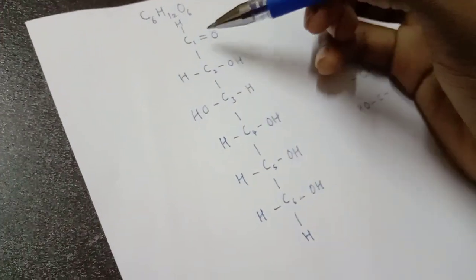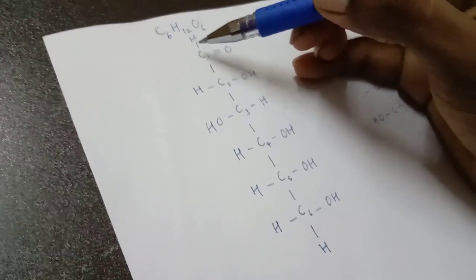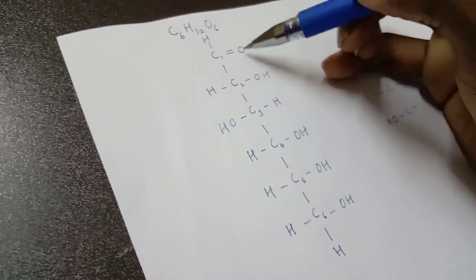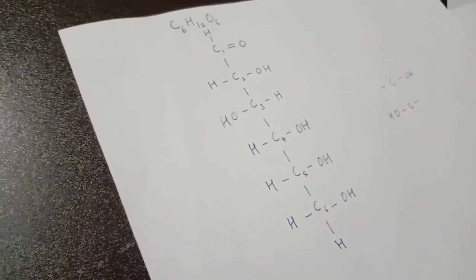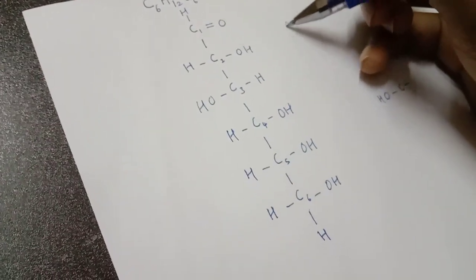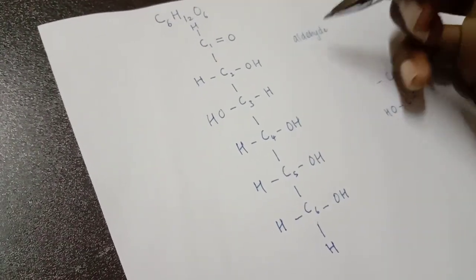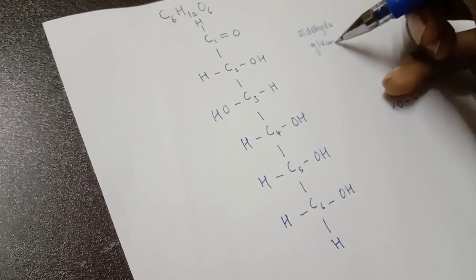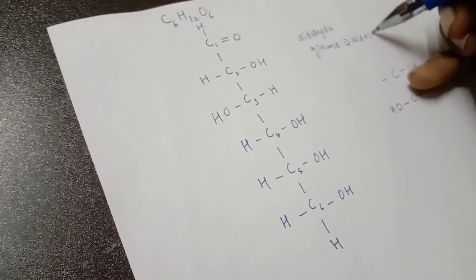First carbon atom, you have CO, the carboxyl group. When you have carbon bonded with hydrogen and oxygen, you have an aldehyde group. An aldehyde group, making glucose an aldose sugar.